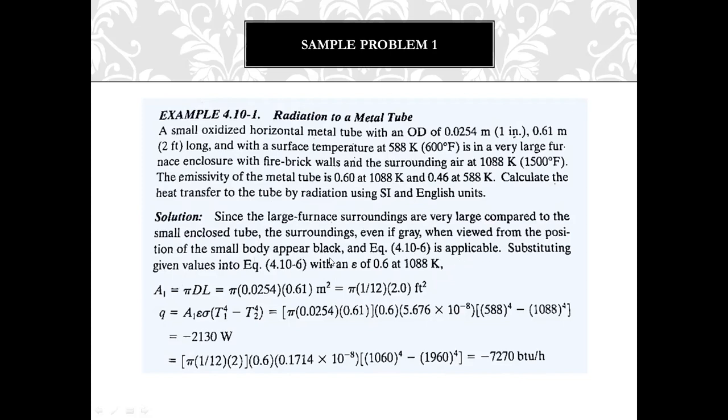Meaning our furnace is black, but our tube is a gray body. In this case, the equation 4.10-6 in Geankoplis is applicable, so we need to substitute the values to that formula. Let me first share with you what that formula looks like.